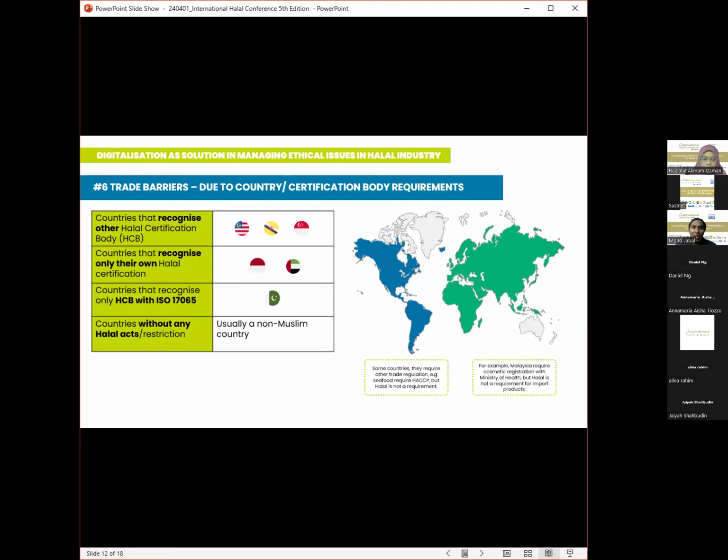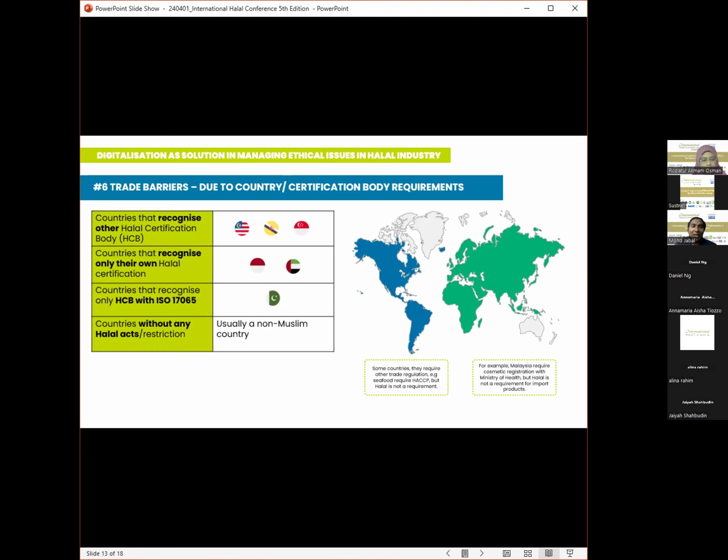Yeah. All right. Okay, so these are also some of the challenges, where some countries recognize other certification bodies, and some countries don't recognize each other. Yeah, and some certification bodies only recognize other certification bodies with a proper ISO 17065 accreditation.